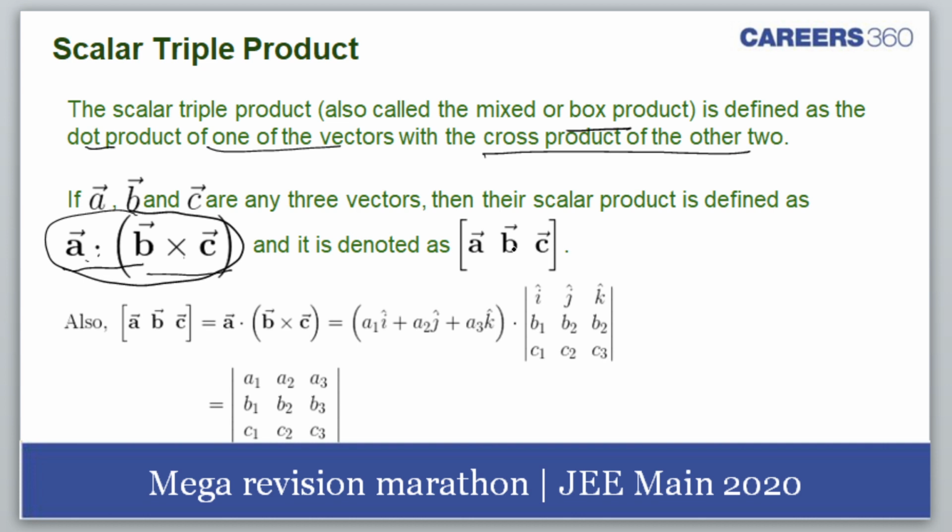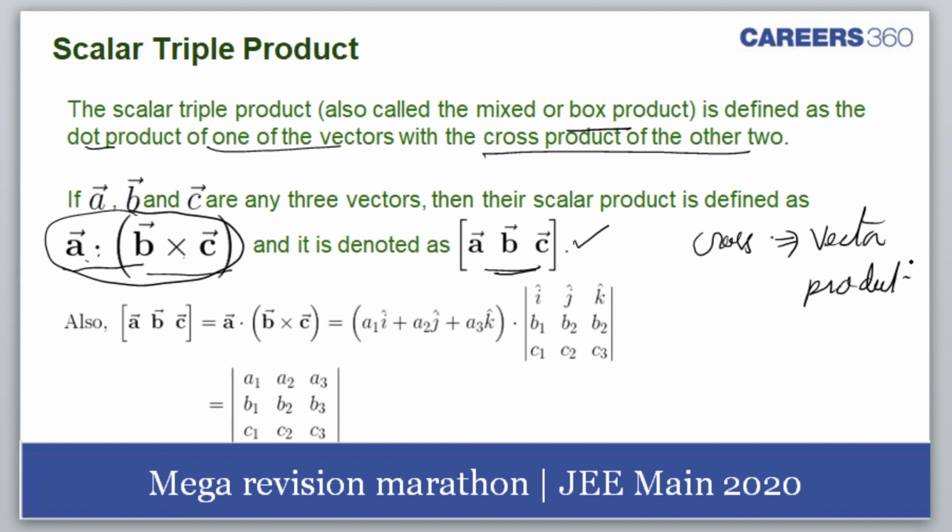So if it is written in this manner, then the cross product has to happen first, then the dot product. Cross means vector product. I hope you understand.